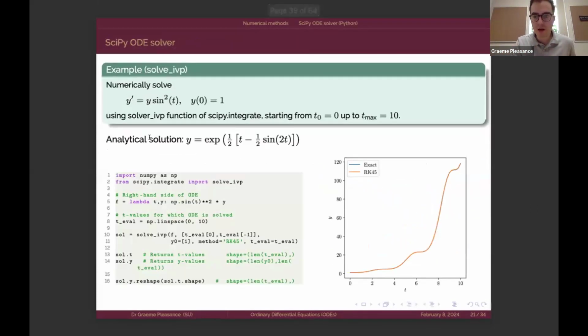For example here, the line in the legend that I called exact is just the analytical solution given here. I didn't include the code that I used to plot this because I didn't have enough space on the slide, but I plotted it in exactly the same way.